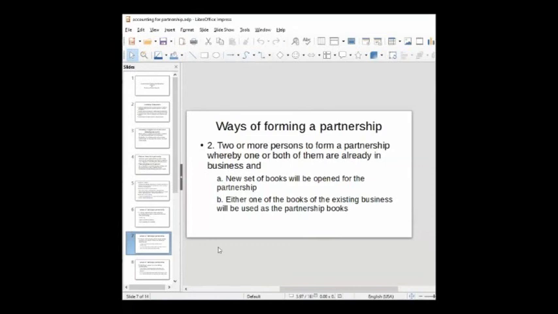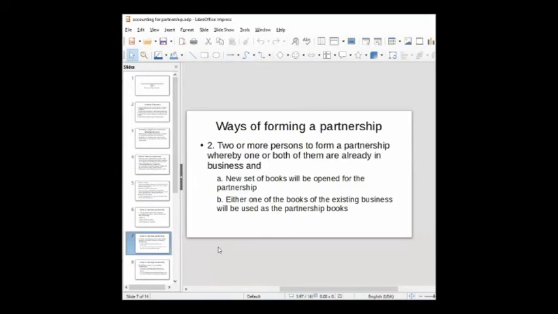Another way of forming a partnership is that two or more persons form a partnership whereby one or both of them are already in business. So our first example is of individuals with no business, while this number two, another way of forming a partnership, involves persons who have existing businesses, and they agreed that their businesses will be joined together.